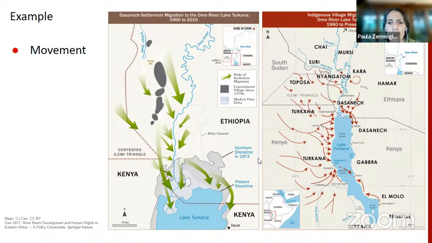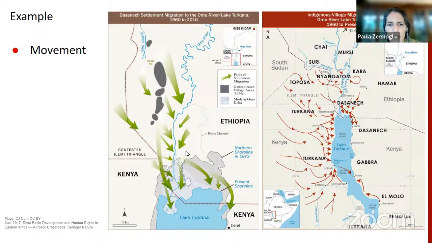Another example of movement is also from communities that are migrant, or that move around. Particularly, as far as I understand, they dedicate much of their activities to fishing, and they live around Lake Turkana. That's in the limits between Ethiopia, Kenya, and South Sudan. They used to move.